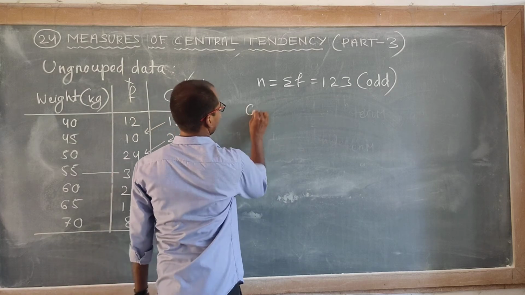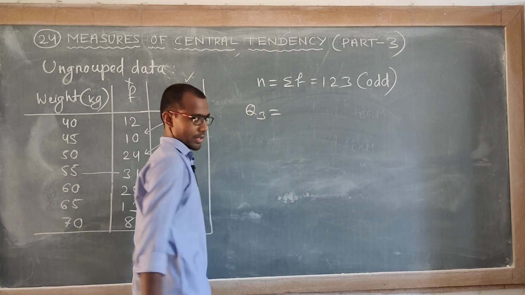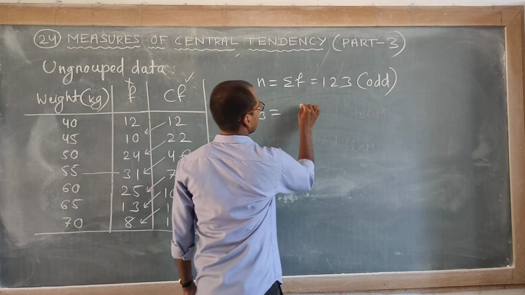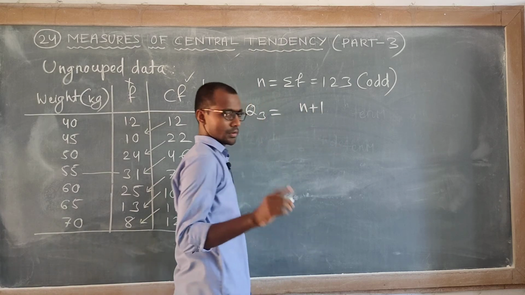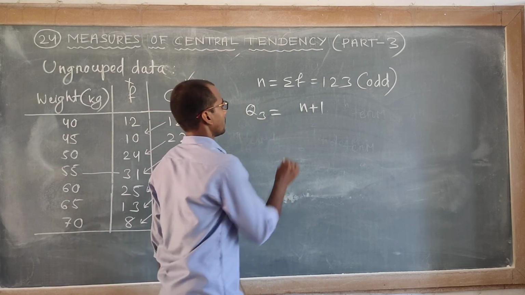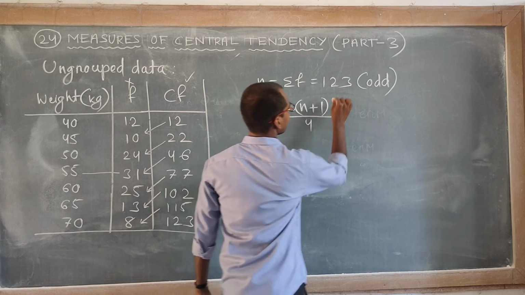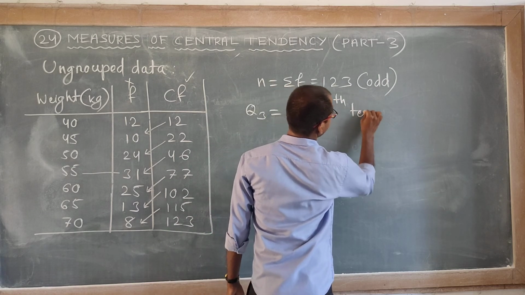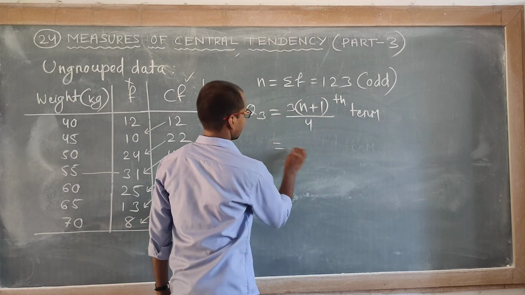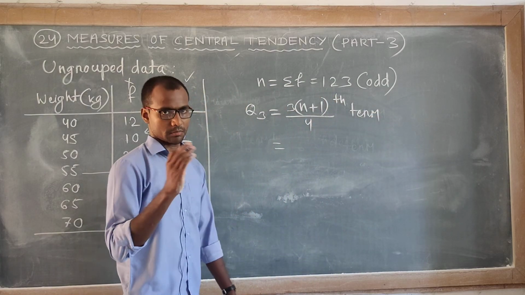Now we will go for the upper quartile. Again odd, so n plus 1. Upper quartile means 3 by 4, so the 3 times (n plus 1) by 4 term.